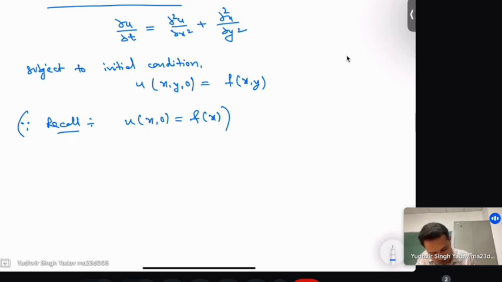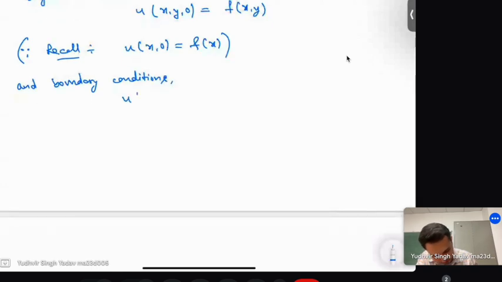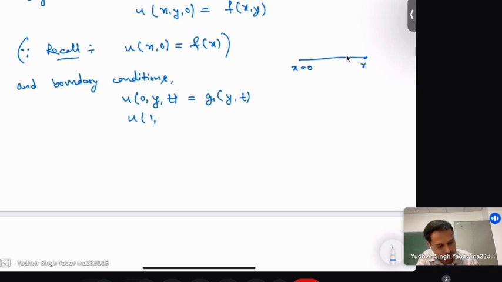And the boundary conditions are given as follows. When x is 0, we have G1, like we have a rod where x equals 0 and x equals 1 are both the ends. At the other end where x equals 1, we have G2.